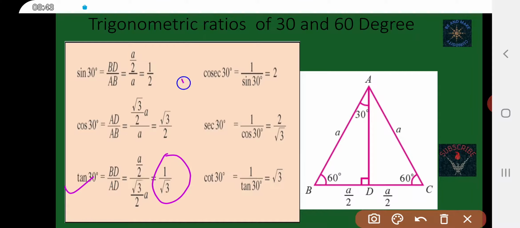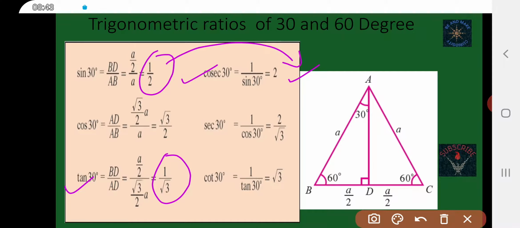Similarly, here you know that cosec 30 degree is reciprocal of sin 30 degree. So reciprocal of 1 by 2 is 2. So cosec 30 degree is equal to 2.